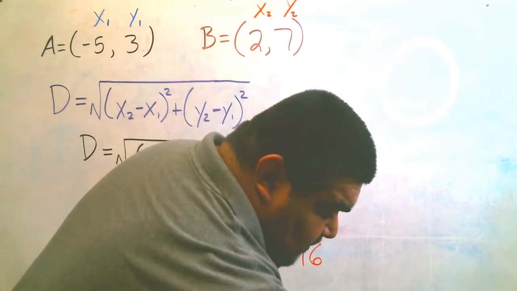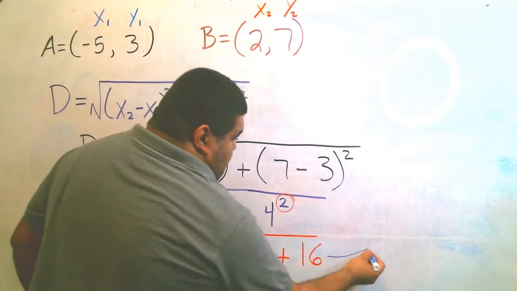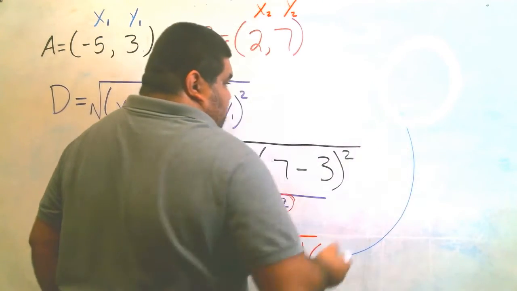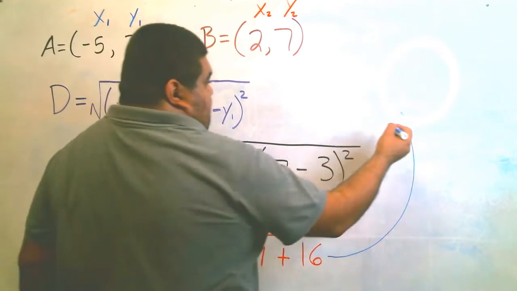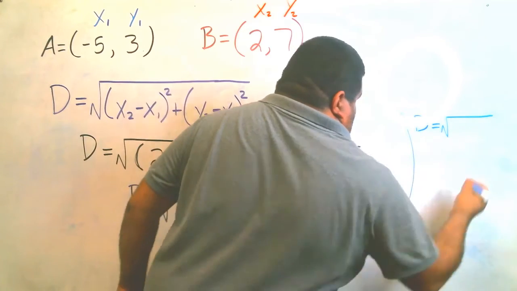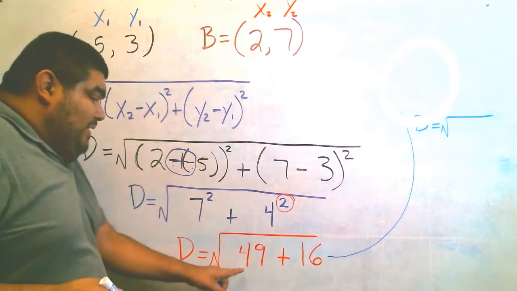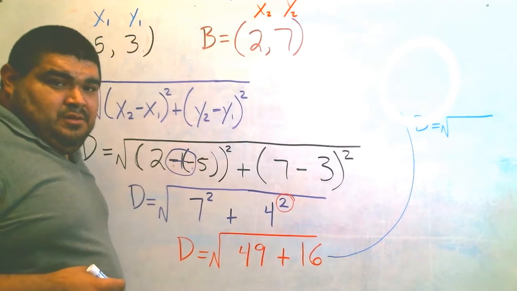We have to combine them, okay? I ran out of the board here a little bit. So we're going to do D equals radical 49 plus 16.